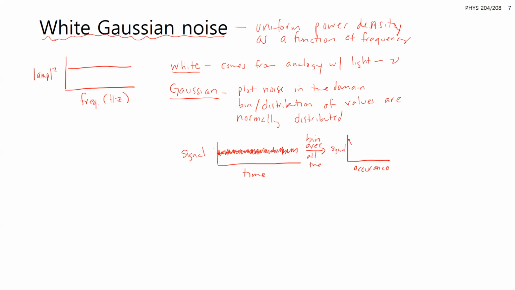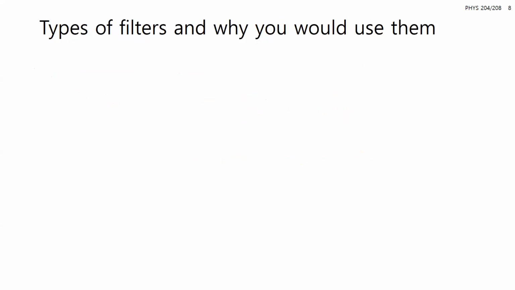What we would get, if I can draw sideways well, is a normal or Gaussian distribution. So just a comment on white noise, that's what you'll be filtering out in lab 3: uniform over all frequencies, with a normal distribution in the time domain. That's just an aside of what you'll be filtering out.